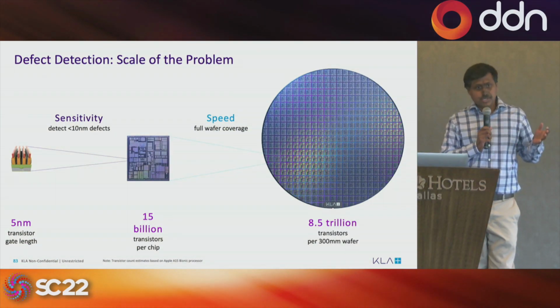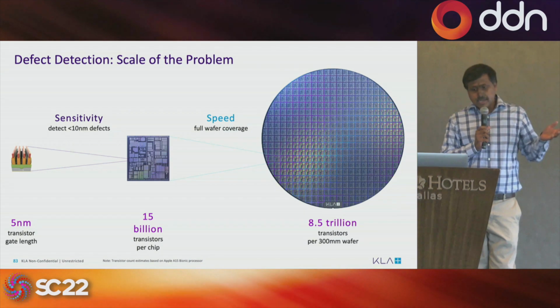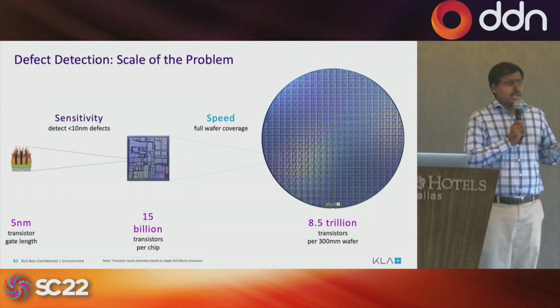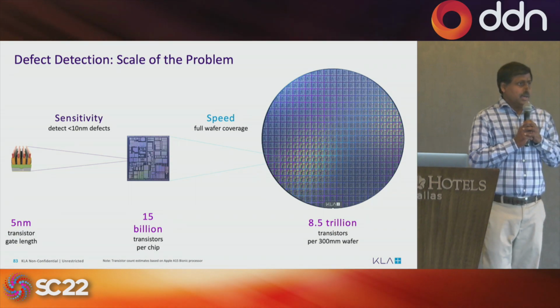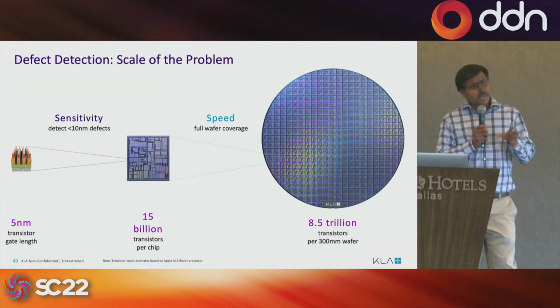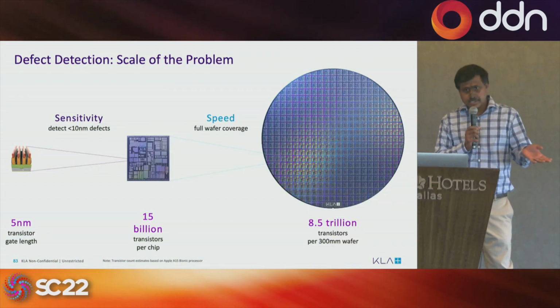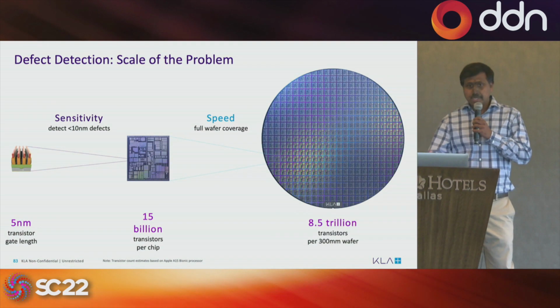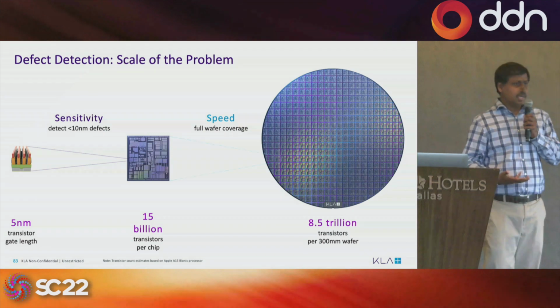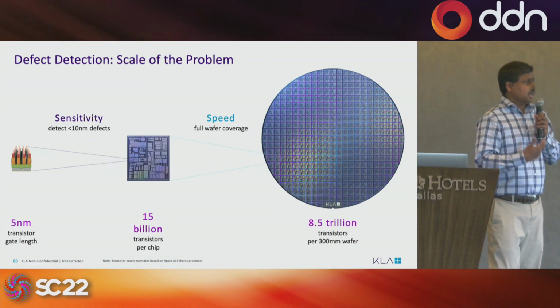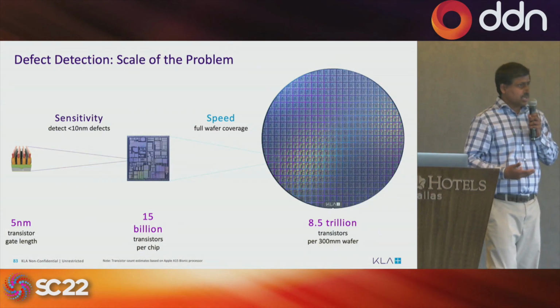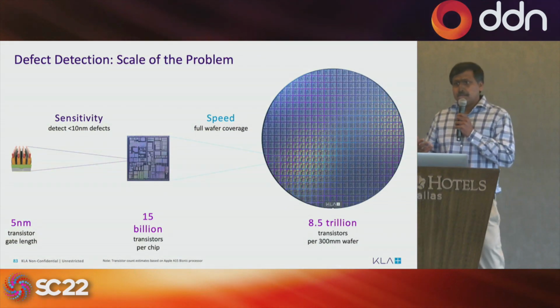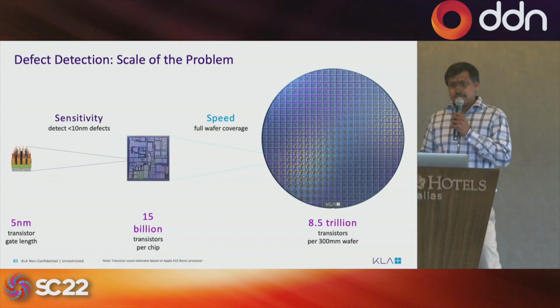And the scale of the problem is huge these days. The standard Apple A15 chip has 15 billion transistors. In a wafer, there would be roughly about 600 chips. So it adds up to 8.5 trillion transistors that we are validating and measuring, trying to find multiple tens or maybe hundreds of defects in them.